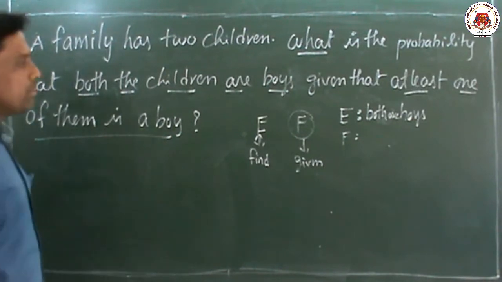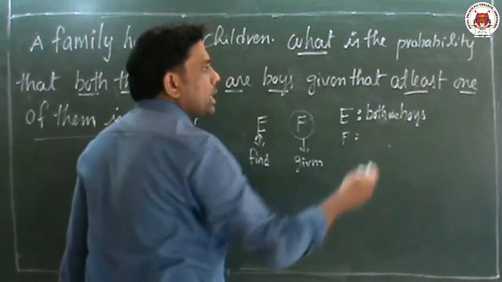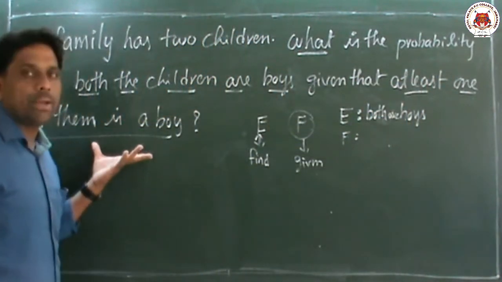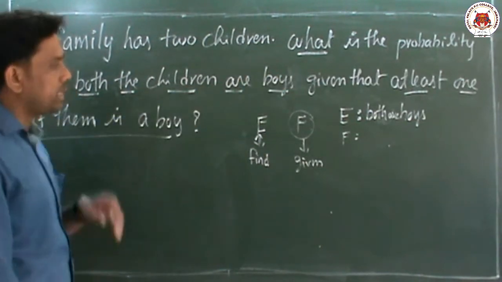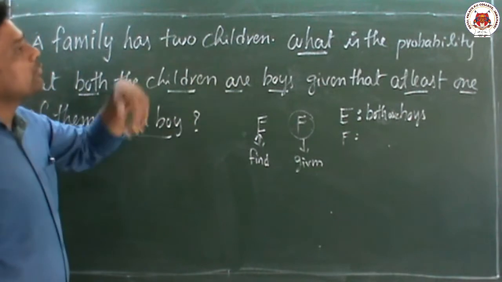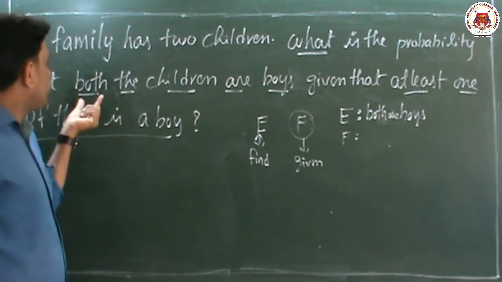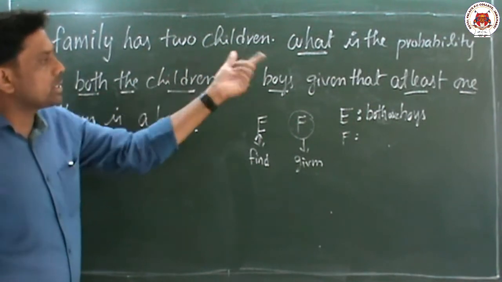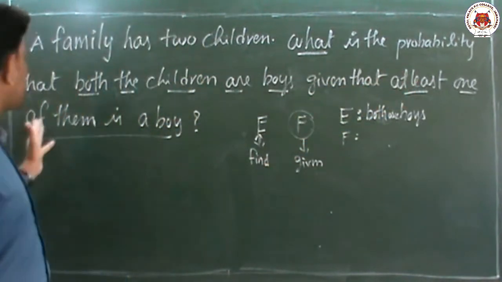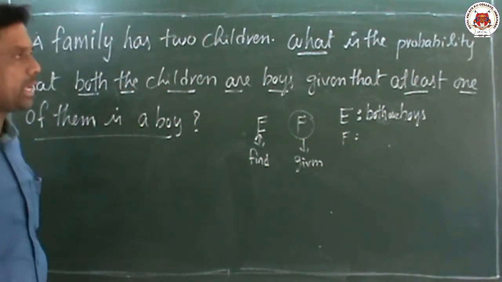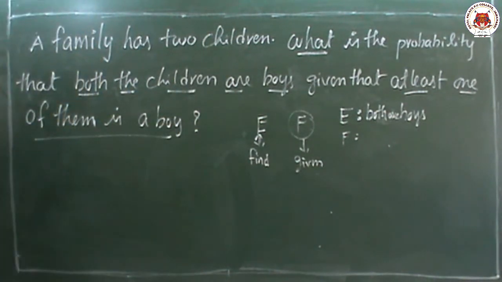This is given, so whatever event is given, you consider that as F. E means what we have to find. He said what is the probability, that both the children are boys. That is called E. And given at least one of them is a boy, that is called F. I hope you understood how to identify E and F.